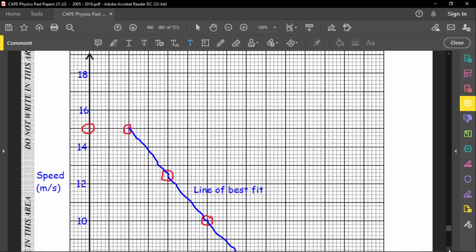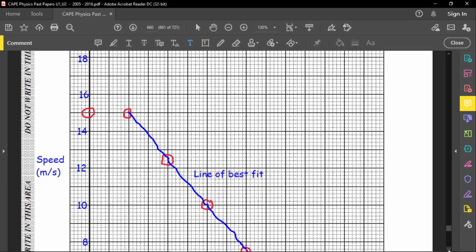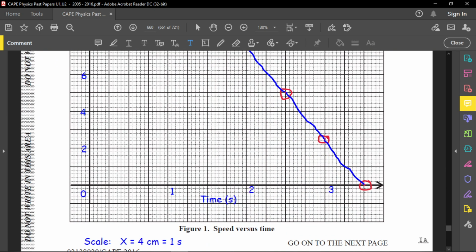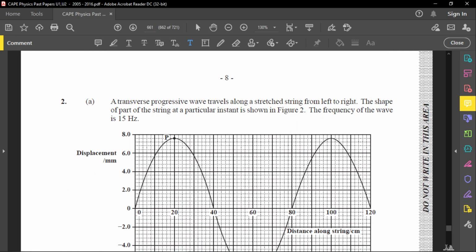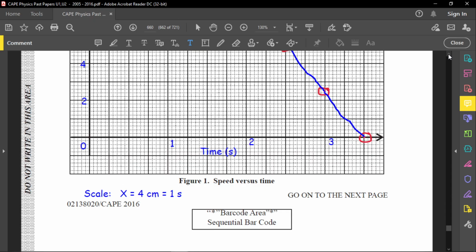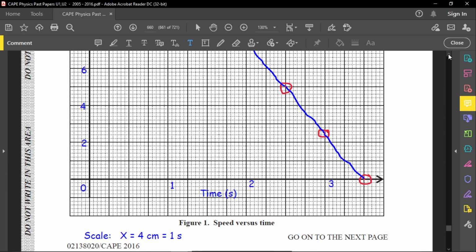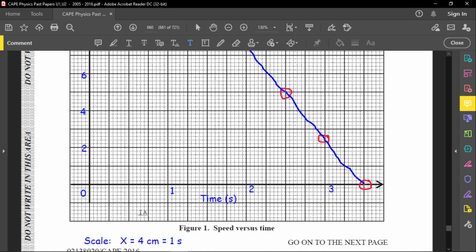Just to point out a few things, you must label your axes. Again, it is speed against time, so speed is on the y-axis and time will be on the x-axis. You also need to provide a scale to indicate exactly what you are measuring. So here on the x-axis, you'll have 4 centimeters equal to 1 second.